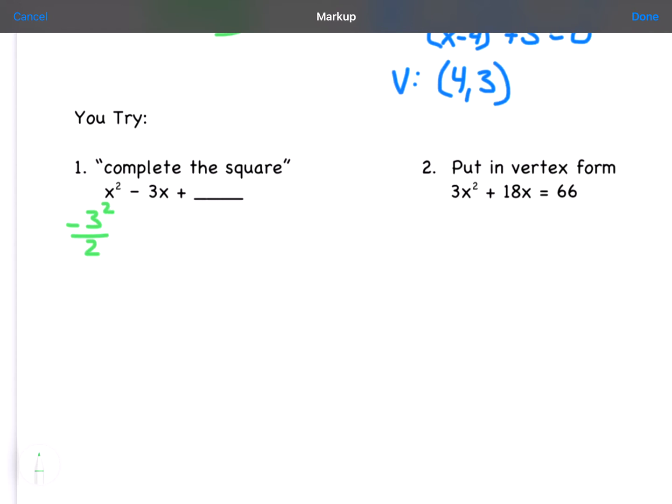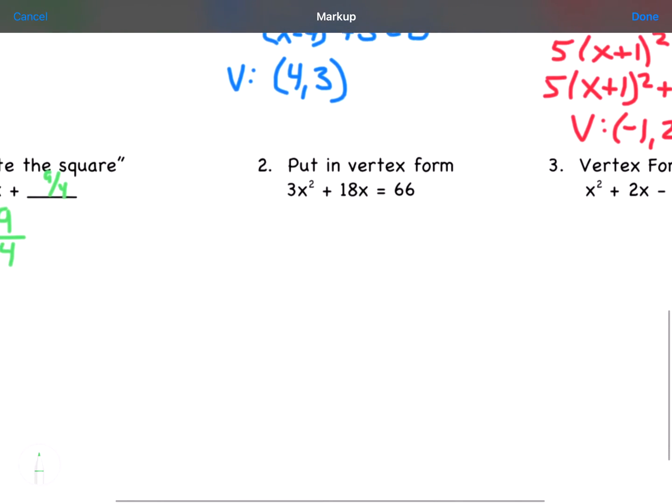So with a fraction, square the top and square the bottom. So negative 3 squared is 9, and 2 squared is 4. So when we complete the square, it would be 9/4. But normally we don't want to deal with fractions, so we won't really have too many that are like that. They'll all be whole numbers.